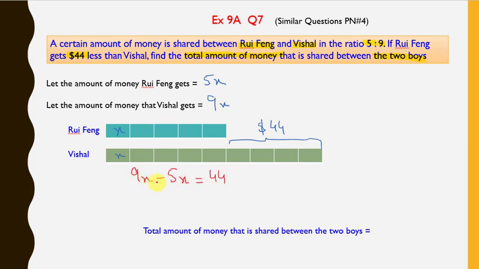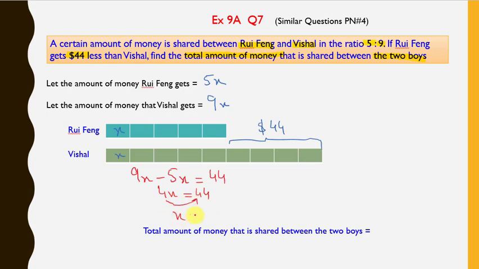Now we will solve the like terms having the same variable. 9x subtract 5x, we have 4x equals 44. As 4 is multiplying with x, when we shift it to the other side, it will divide.